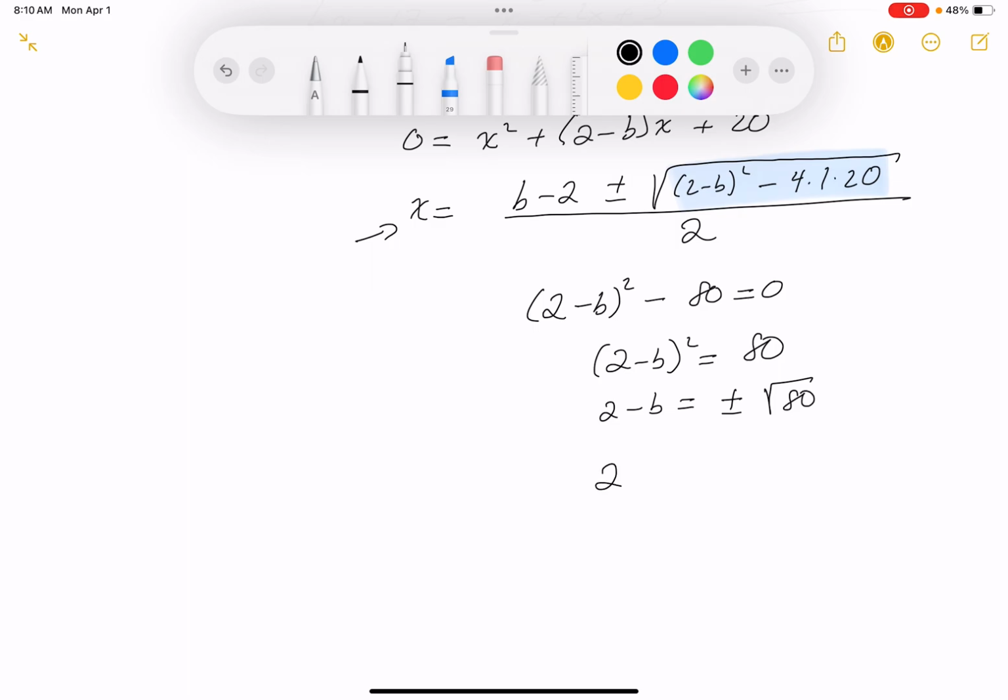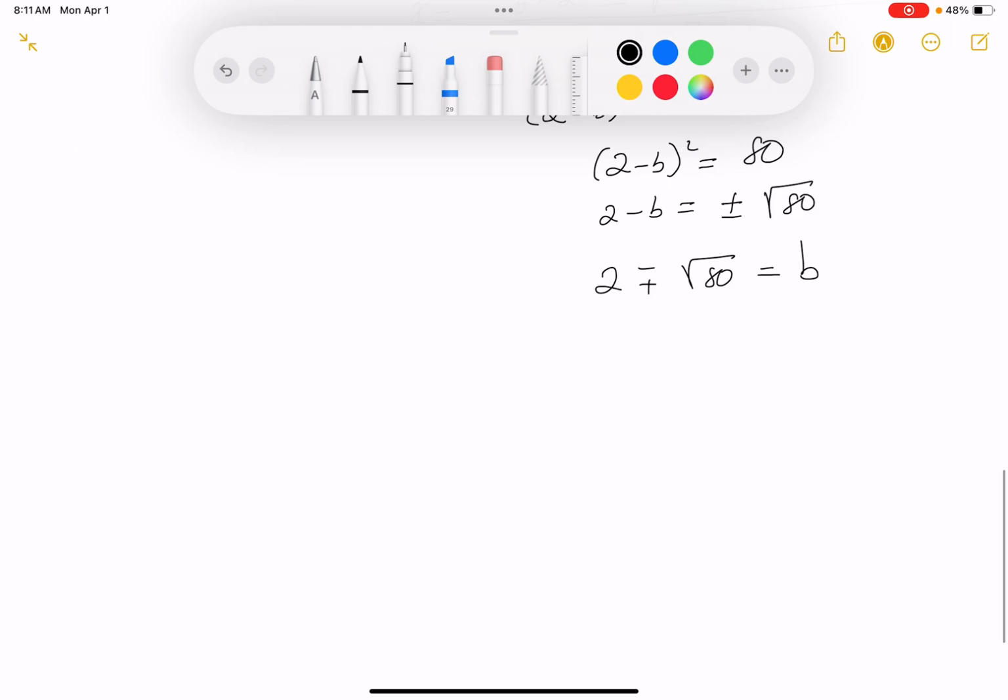So you get 2 minus or plus root 80 equals b. All right, I got two b's now. One b is going to be 2 minus root 80, and the other b is going to be 2 plus root 80.